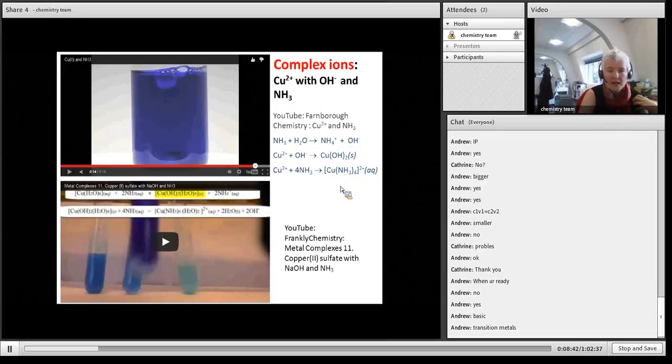So if I had any copper hydroxide being formed, the ammonia attacks the copper, takes it away to form the complex. So can you see my equilibrium is going to shift towards the left, towards the copper ions, and I'm going to start dissolving my copper hydroxide. Does that make sense?